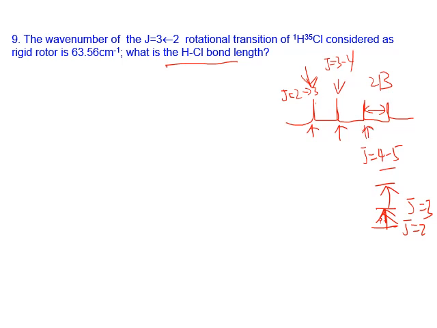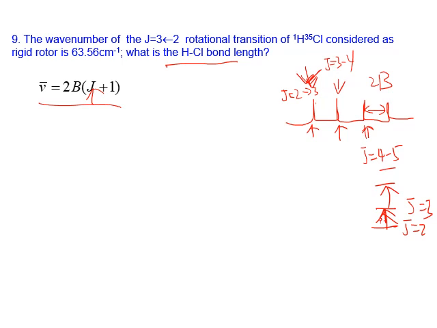So what's the equation to calculate the frequency, not the separation? This is the equation we actually used in question 6: 2B times J plus 1. So the frequency that will be absorbed depends on J, and that's why you have a series of absorptions.